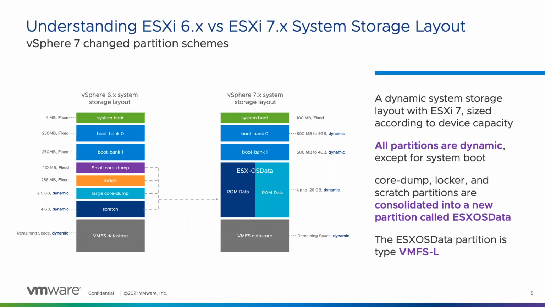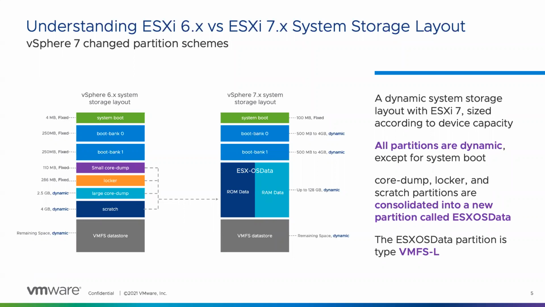But the point that I'm trying to make is about two changes. The first one is that all partitions except for system boot are dynamic. And then we have consolidated most of the partitions and put them into a new system storage partition, which is the ESX OS data partition.